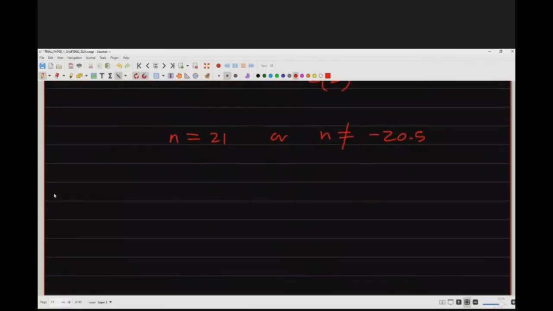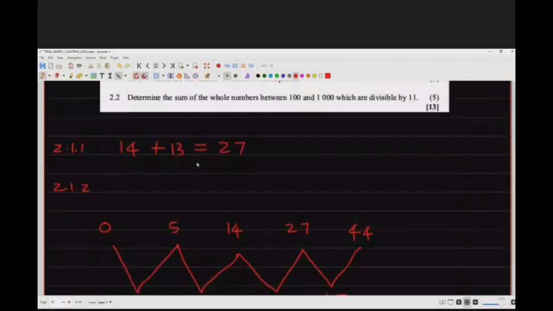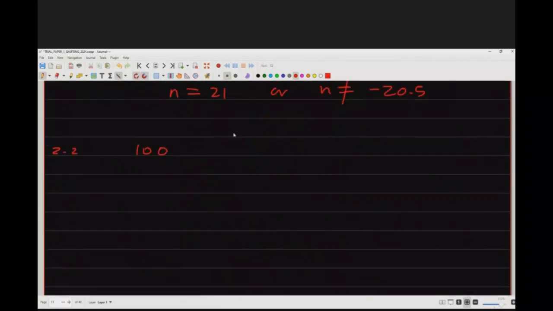So for 2.2, the numbers we consider are between 100 and 1000, which are divisible by 11.